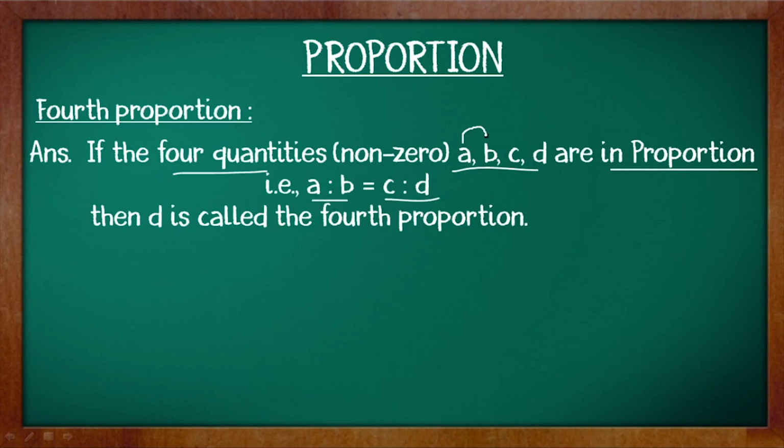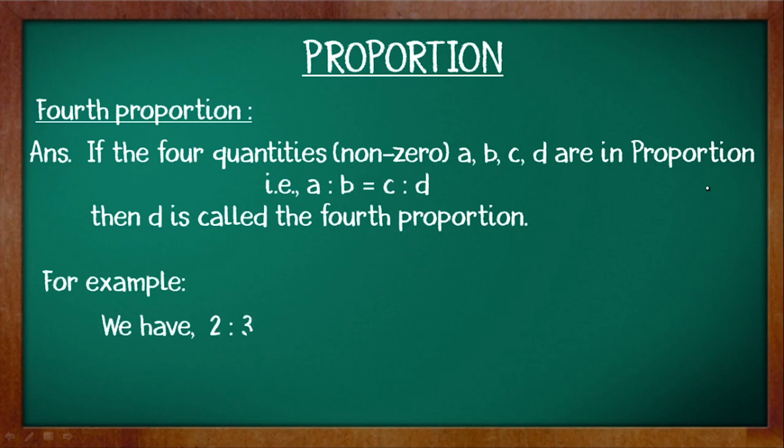So the ratios are equal, and the fourth term that we have is known as the fourth proportion. So in a proportion, the fourth term is known as the fourth proportion. This is important because there might be a question where you need to find the fourth proportion. The question will say find the fourth proportion. So this term is important.